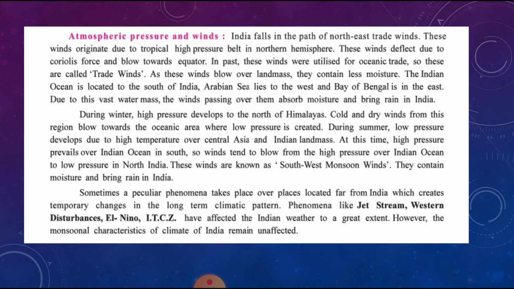But due to the presence of the Indian Ocean to the south, the Arabian Sea to the west and the Bay of Bengal to the east, these winds gather moisture from the huge water mass all around and bring rain in India. Thus atmospheric pressure and winds affect the climate.